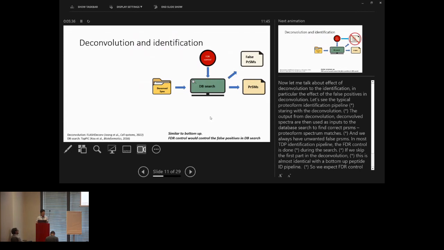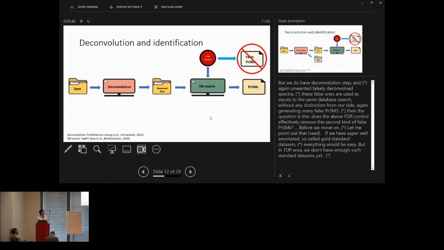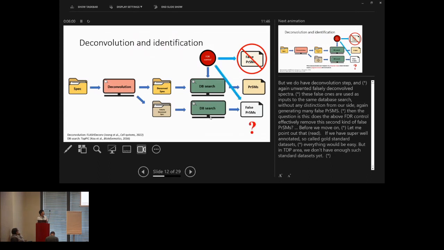But actually, we do have this step, right? And we should think about this case. What if we have an error in the convolution step? Maybe we have a falsely decomposed spectrum. My question would be, when those falsely decomposed spectra go through exactly the same database search, can the upper-side FDR control handle the false PrSMs that occur from this falsely decomposed spectrum?